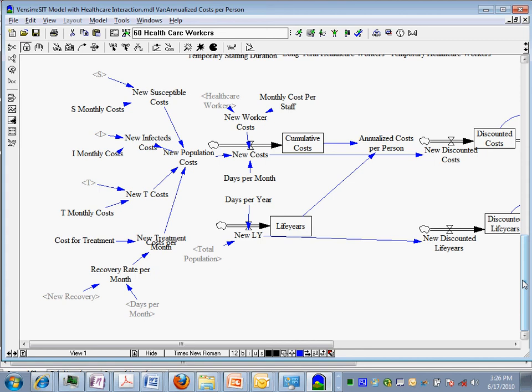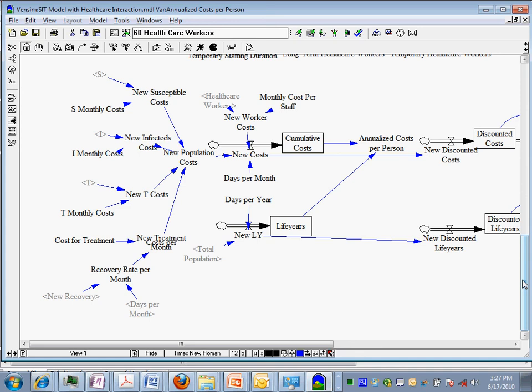That's an easier way to think about it. But here we have a flow whose units are total population, and therefore the stock is person times years, person years. So this would be life years lived.